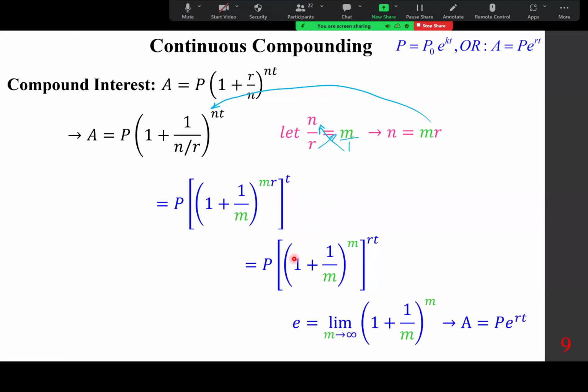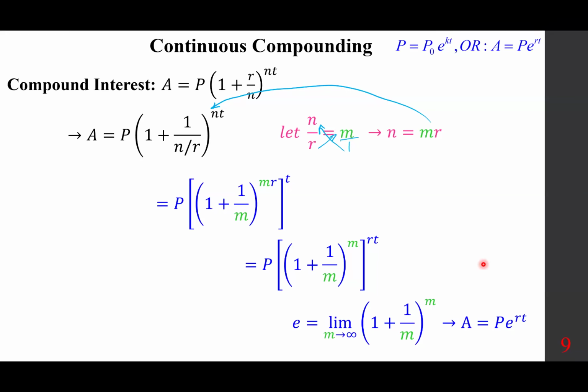So this expression, if you plug in numbers 1, 2, 3, 4, 5, as you make it larger and larger, it ultimately goes to e. This is one way to define e. There are other ways as well. We'll discuss it in calculus.